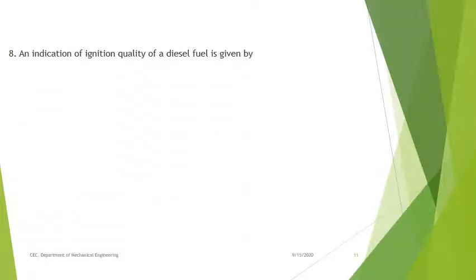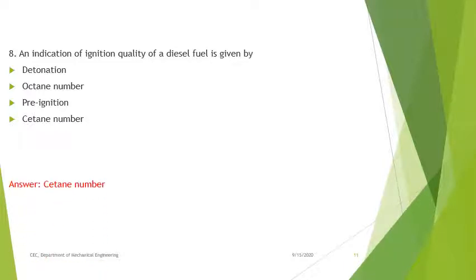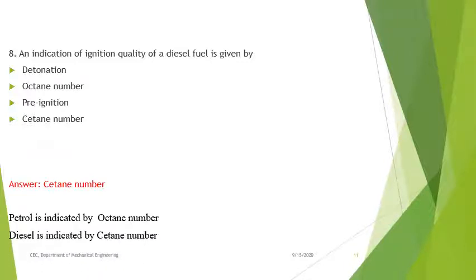Eighth question: an indication of ignition quality of a diesel fuel is given by detonation, octane number, pre-ignition, cetane number. Answer is cetane number. Petrol is indicated by octane number and diesel is indicated by cetane number. For that reason the answer is cetane number.